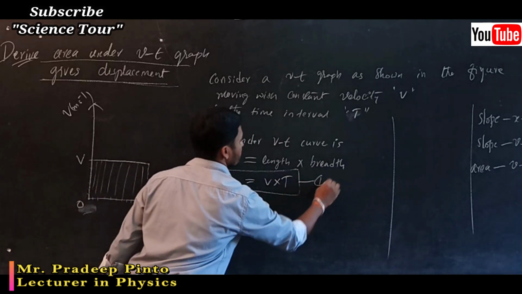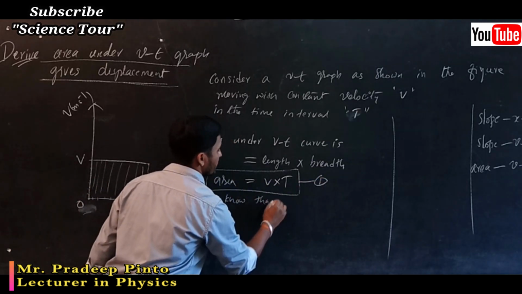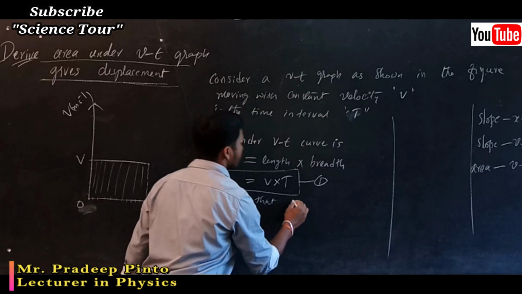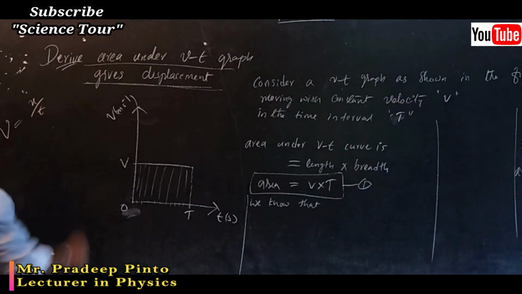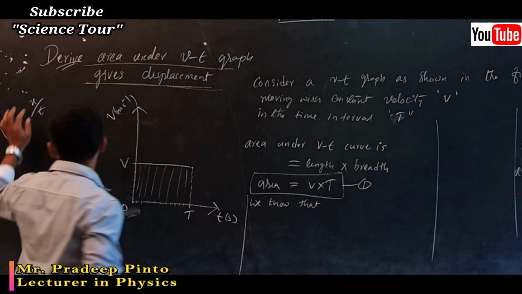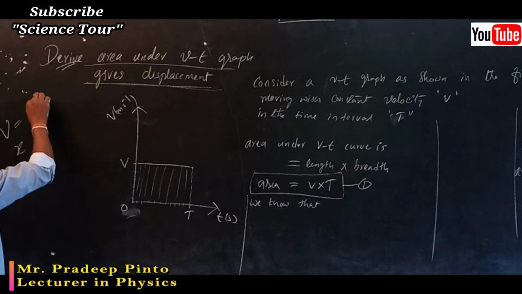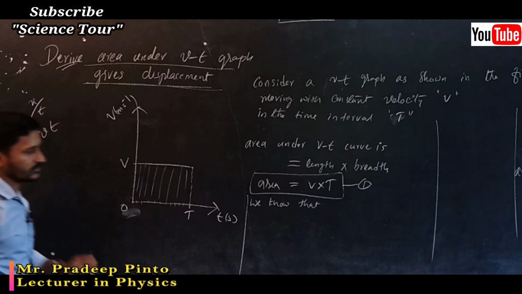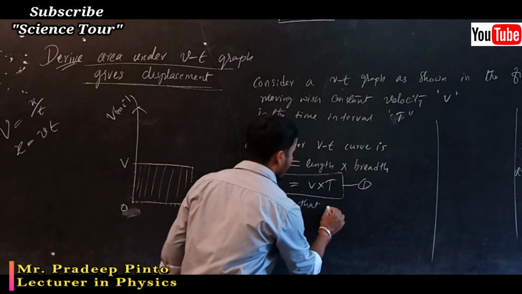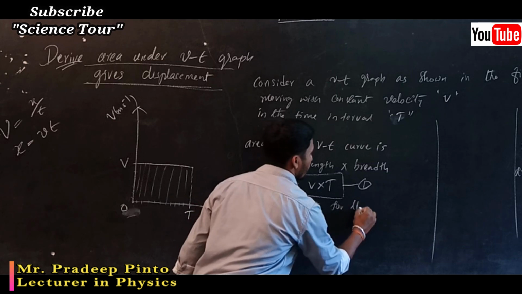But we know that velocity is equal to displacement by time, so displacement is equal to v into t.